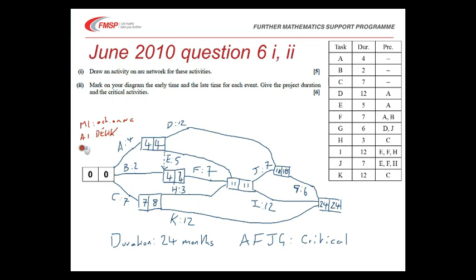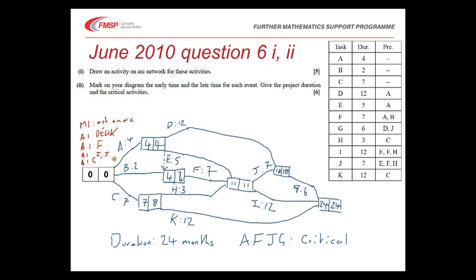There's then an accuracy mark for this dummy and F, an accuracy mark for getting I and J correctly following on from E, F and J, and then a final accuracy mark for your last activity here of G.